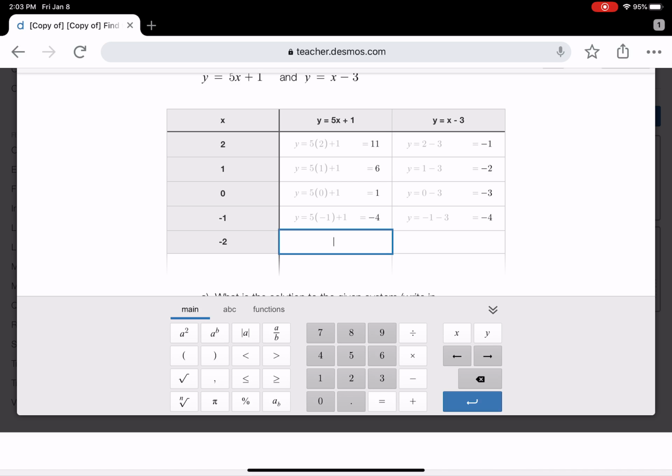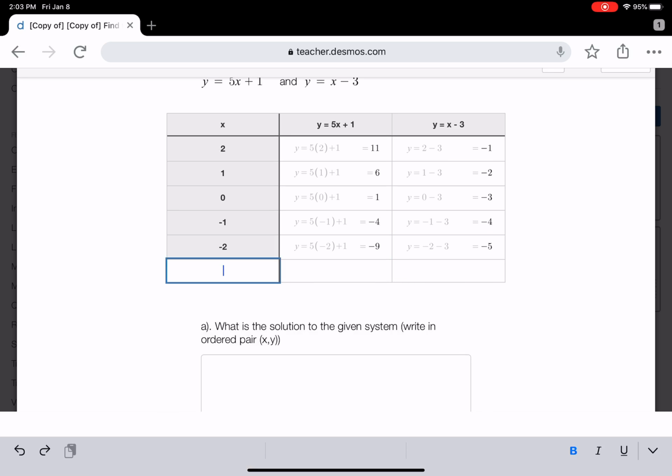Now let's continue with the table. Y equals 5 times negative 2 plus 1. Enter. So 5 times negative 2 is negative 10, plus 1 is negative 9. For the next equation, y equals negative 2 minus 3. Enter. Negative 5.